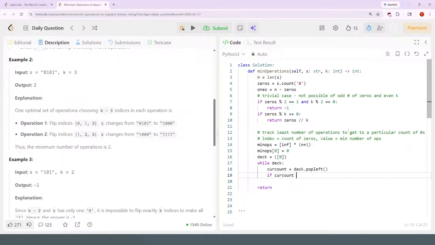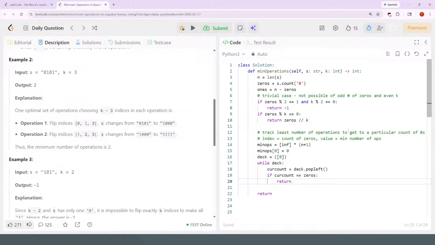If the current count is equal to k, return, is if it's equal to k. Actually, I think it's equal to number of zeros. Return.